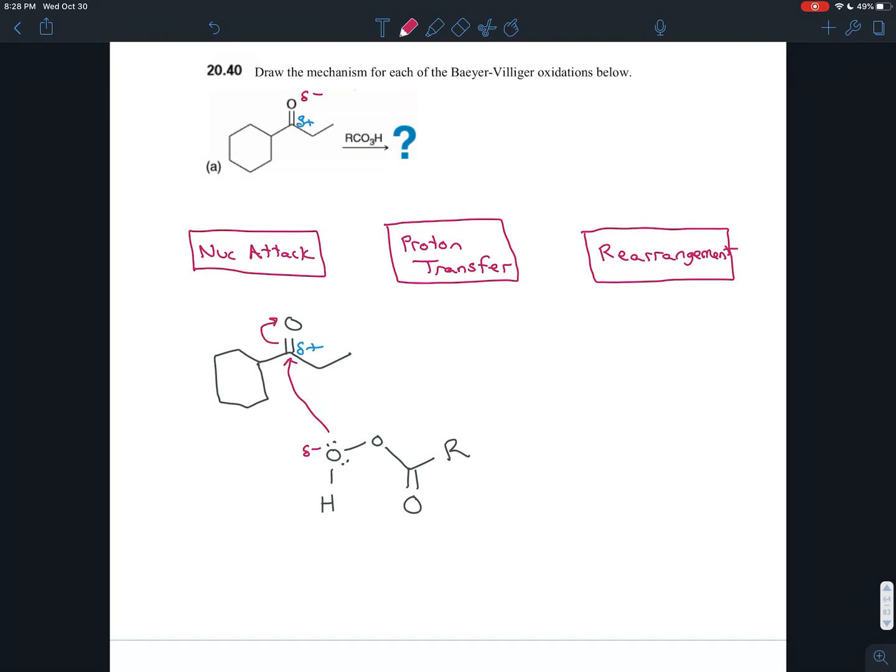When that attacks, of course, the pi bond breaks and its electrons snap up onto the oxygen there. They go to the most electronegative place nearby. And it's the pi bond that breaks because the pi bond is weaker than the sigma bond. Pi bonds have interrupted overlap of those p orbitals, whereas sigma bonds are uninterrupted overlap. And so they're stronger bonds.